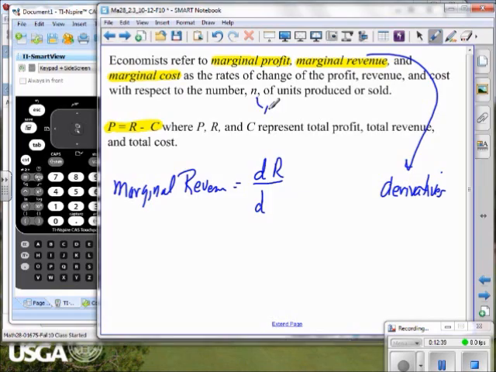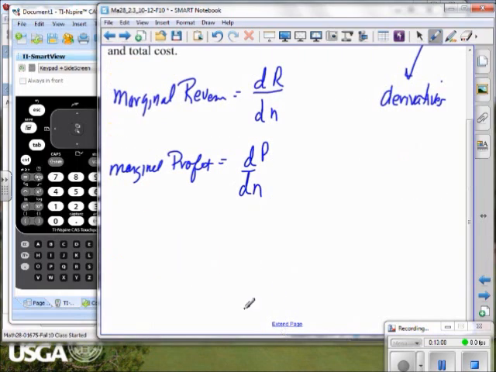So this is now your input to these functions, the number of units, and so this would be the derivative of revenue with respect to number of items, so dR/dN. If we're talking about marginal profit, what derivative are we talking about? dP/dN down here. And the last one would be marginal cost.